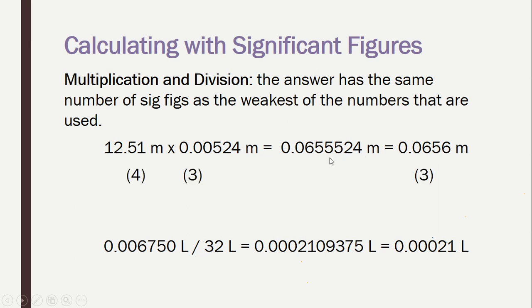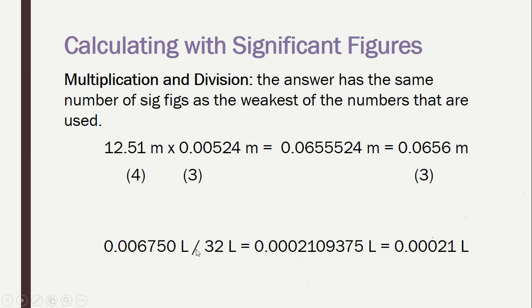And we can't have an answer that has more significant digits than either of the things that made it up. So we need to round this number to whatever was the least number, and the least number there was 3. So we need to round this to 3 significant digits. Since leading zeros are not significant with a decimal, we're looking at 6, 5, and in this case, it would end with 6. So that's how many significant figures that has.